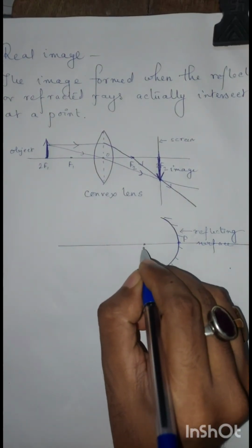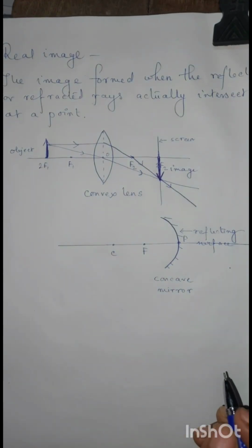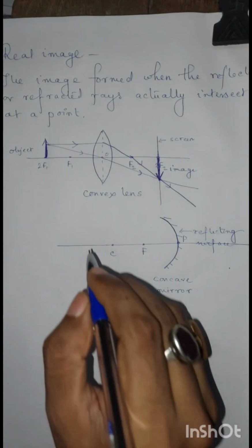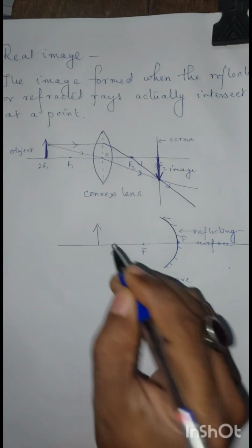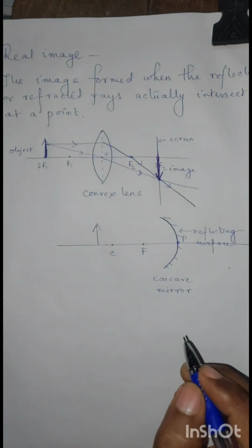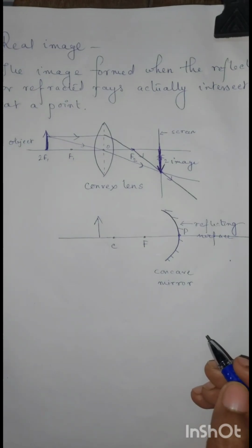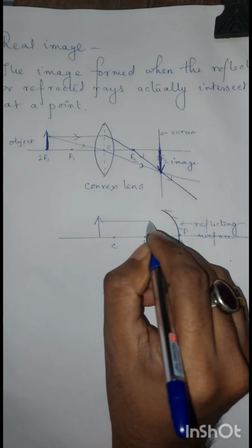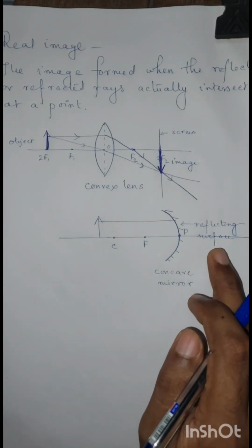Now if we put an object in front of the mirror, let us assume this is our object. So again we need to consider two rays coming out of this object. So ray 1, which is parallel to principal axis.